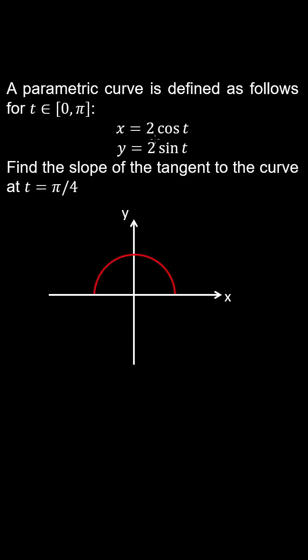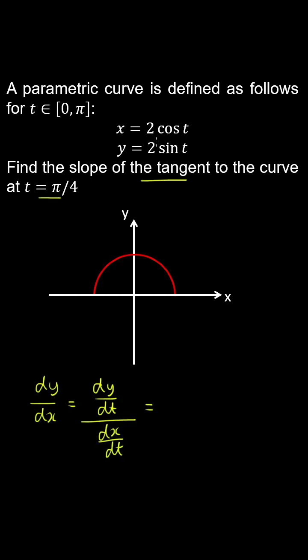Given this parametrization for a semicircular curve, find the slope of the tangent to the curve at t equals pi on 4. Well, that's the derivative dy/dx, which is equal to dy/dt times dt/dx using the chain rule, or dy/dt on dx/dt. So dy/dt is 2 cosine t, and dx/dt is minus 2 sine t.